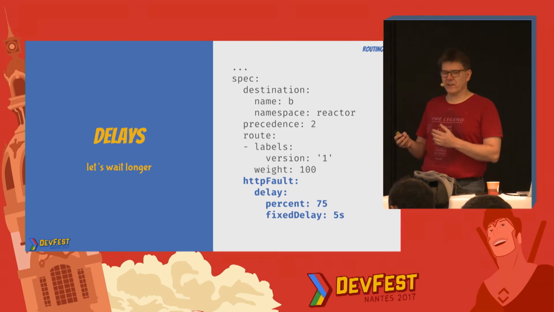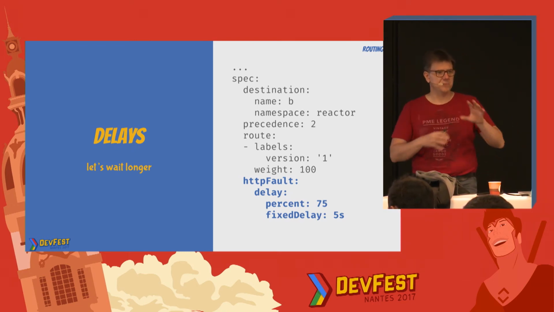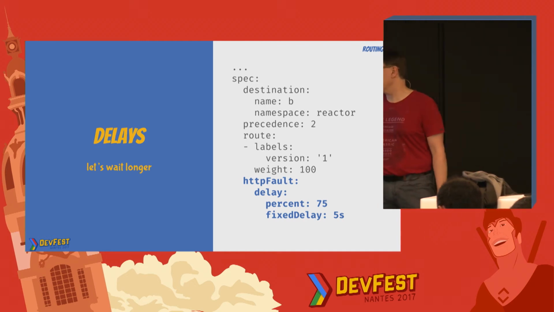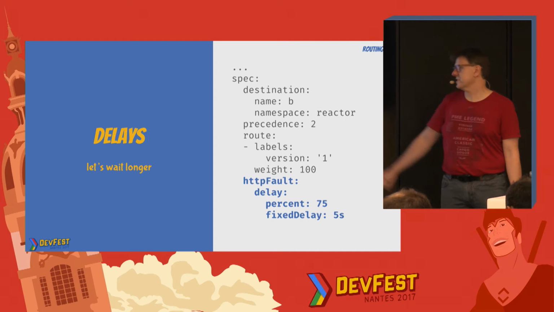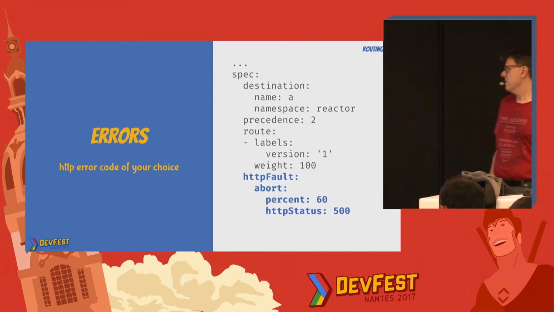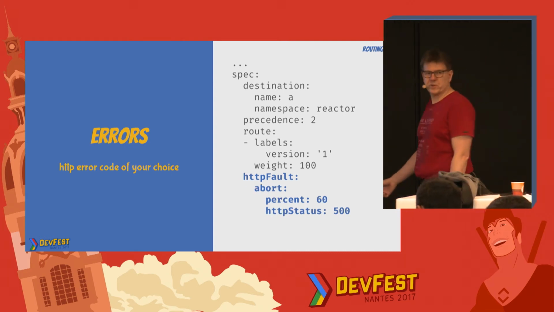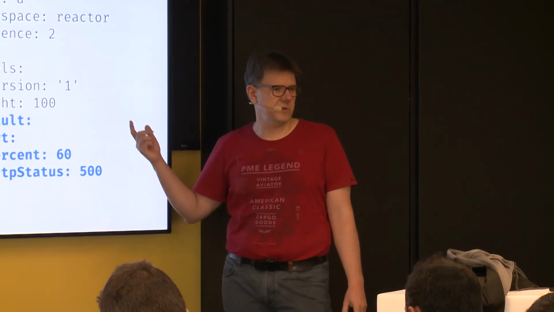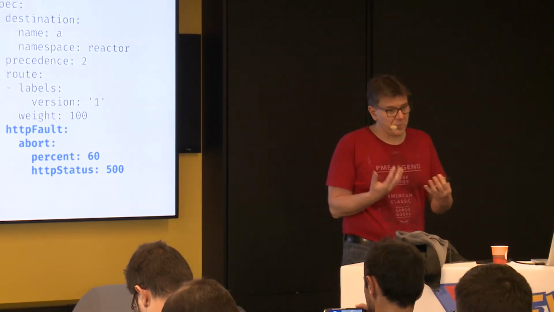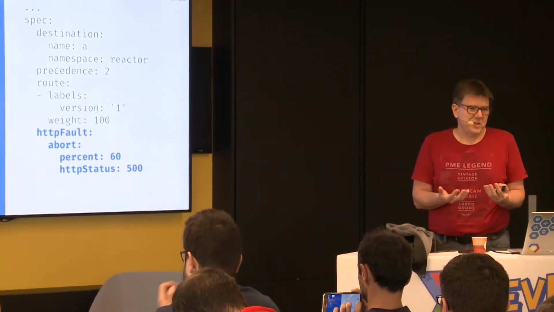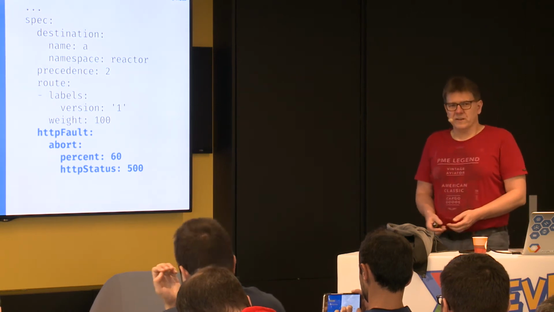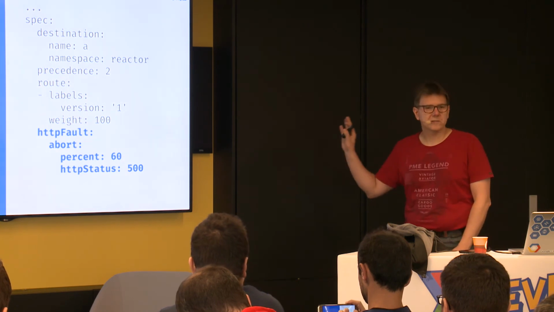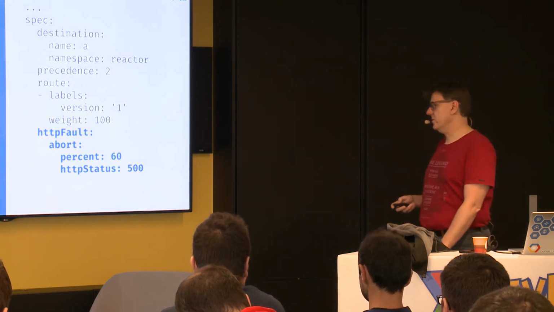If you want to test and see how your application behaves in laboratory conditions, just inject in 75% a 5 second delay, or just pick the HTTP status that you want, like 60% of your service returning it. It's a very good mechanism, because typically that's something you cannot really do, and that will never be implemented in one of the libraries. The only place where you can do that is on a network level.